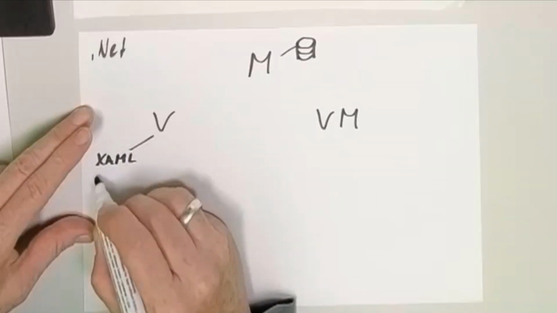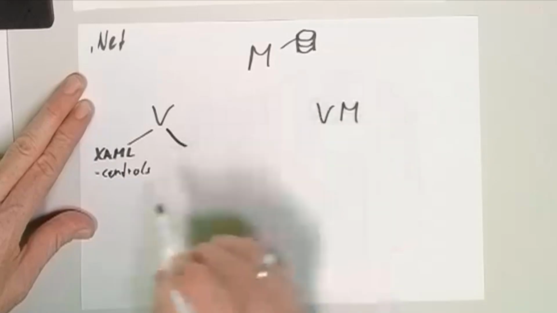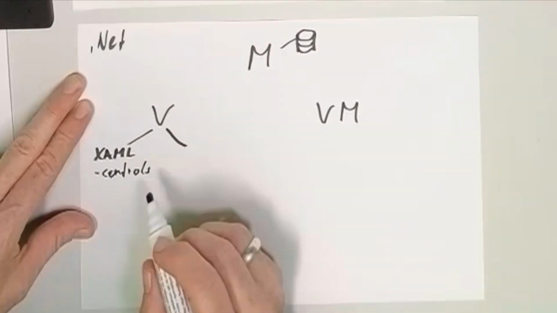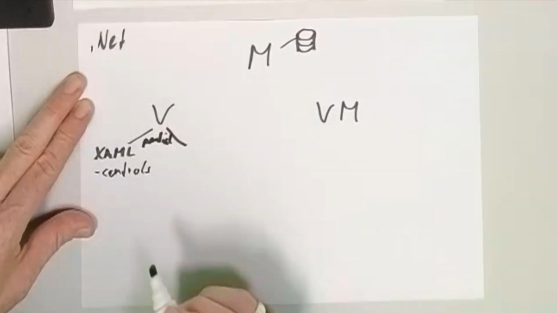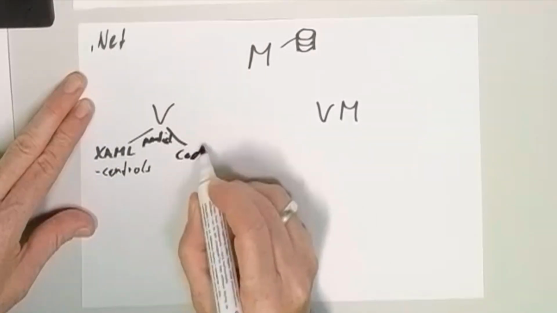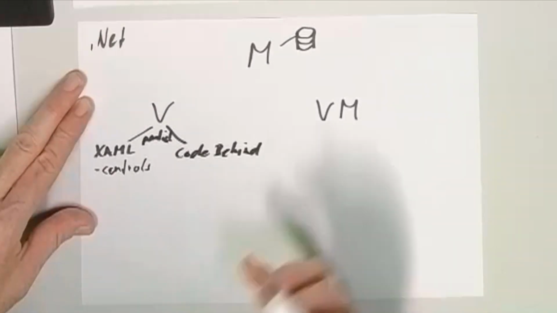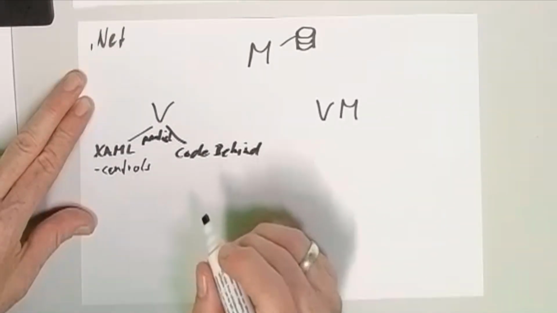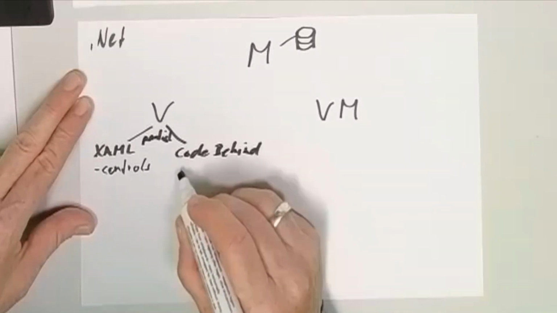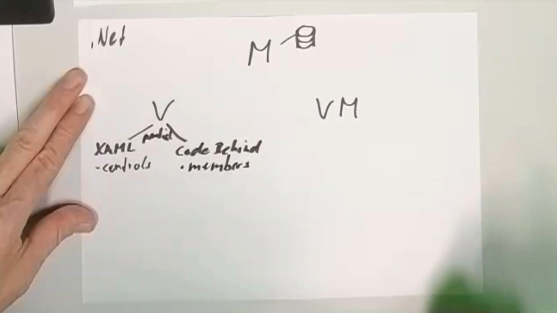So you have all the controls, and during compilation, this declarative description of your UI with the concept of partial classes and a code-behind file is used to create one class where you have the members of your UI, and within this pattern it's very simple, it's almost empty.